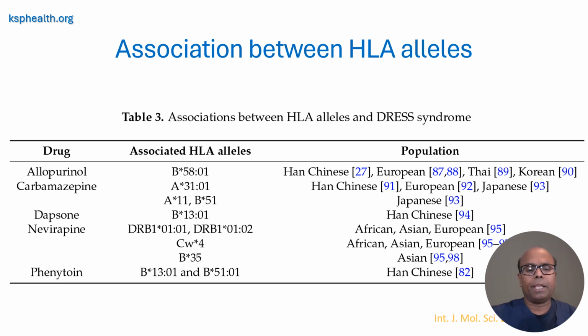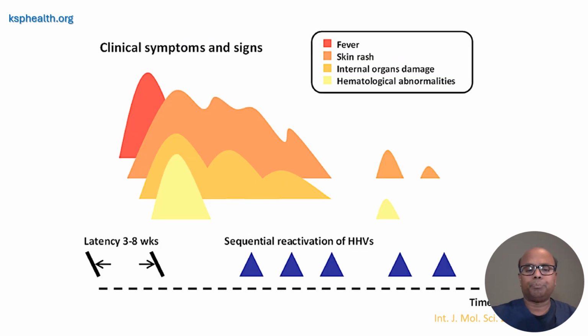Also, certain medications have been associated with certain HLA alleles. That means certain patients are predisposed to develop DRESS syndrome when exposed to a particular medication, like allopurinol, carbamazepine, dapsone, nevirapine, and phenytoin.